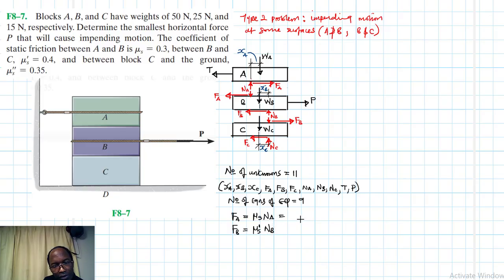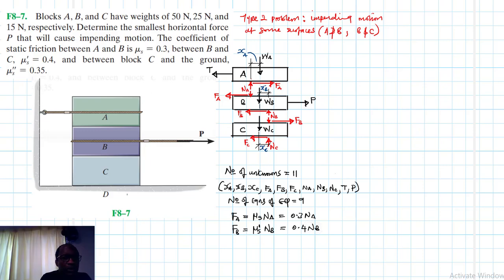What is mu S between A and B? It is 0.3, so this is 0.3 NA, and mu S prime between B and C is 0.4, so this is 0.4 NB.